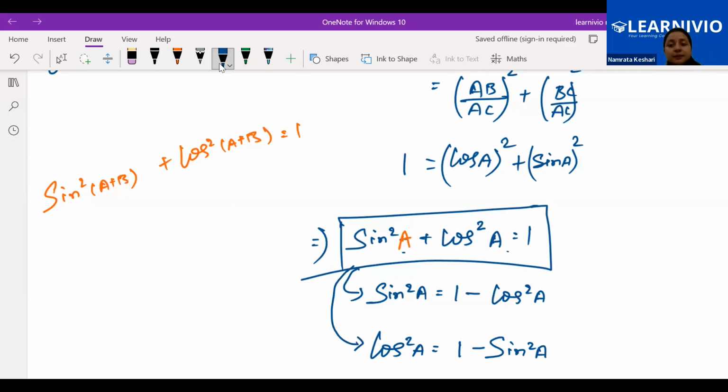Are you getting it? Everyone getting it? Yes or no? I would not proceed. Please let me know if it is clear or not, then only I will move ahead. Alvina, is it clear? Yes, ma'am.